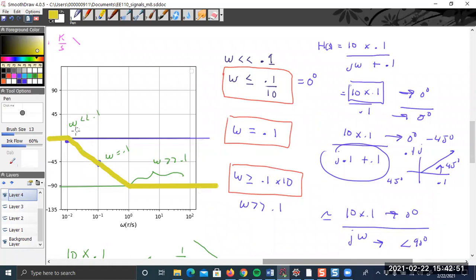And the thing is, what if I had h of s equal to 0.1 to the n over s plus 0.1 to the n? What ends up happening with the phase is that if this is 2, this point becomes minus 90, this goes to 180, right?